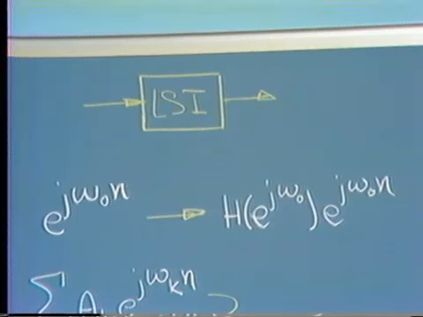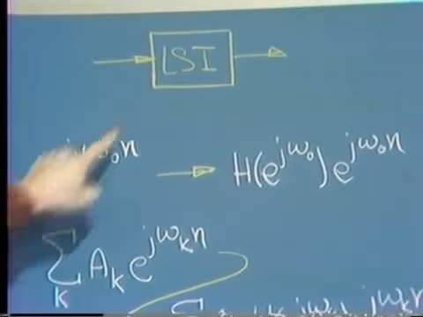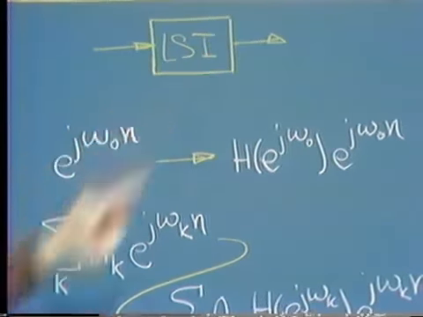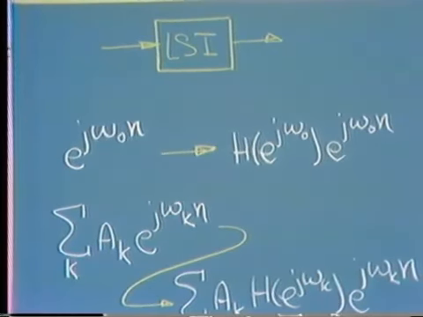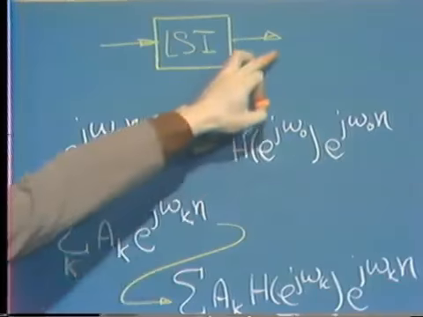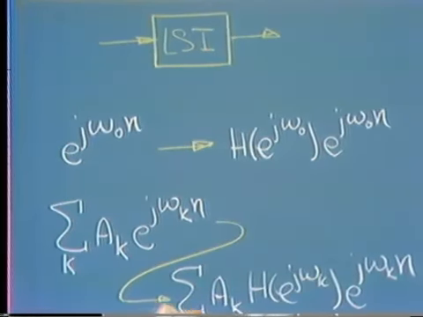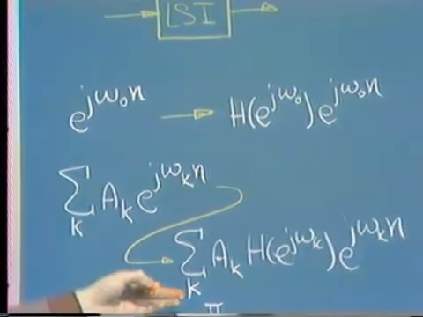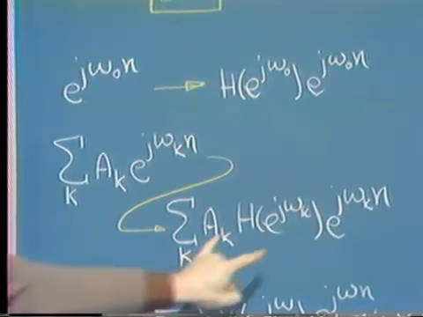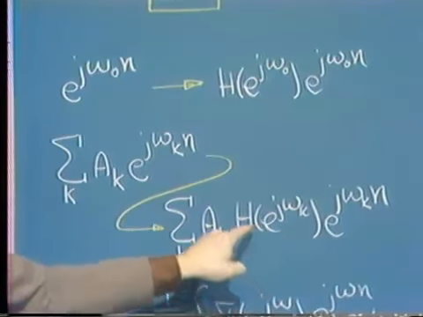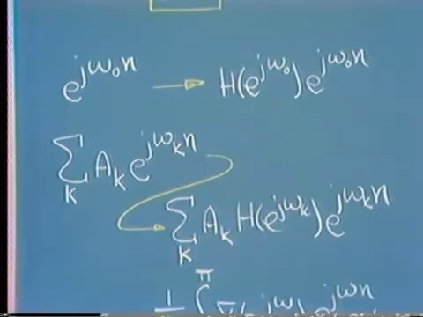We know also that because the system is linear, if we have a linear combination of complex exponentials, then the output of the system is going to be the same linear combination of complex exponentials with the amplitudes multiplied by h of e to the j omega k.